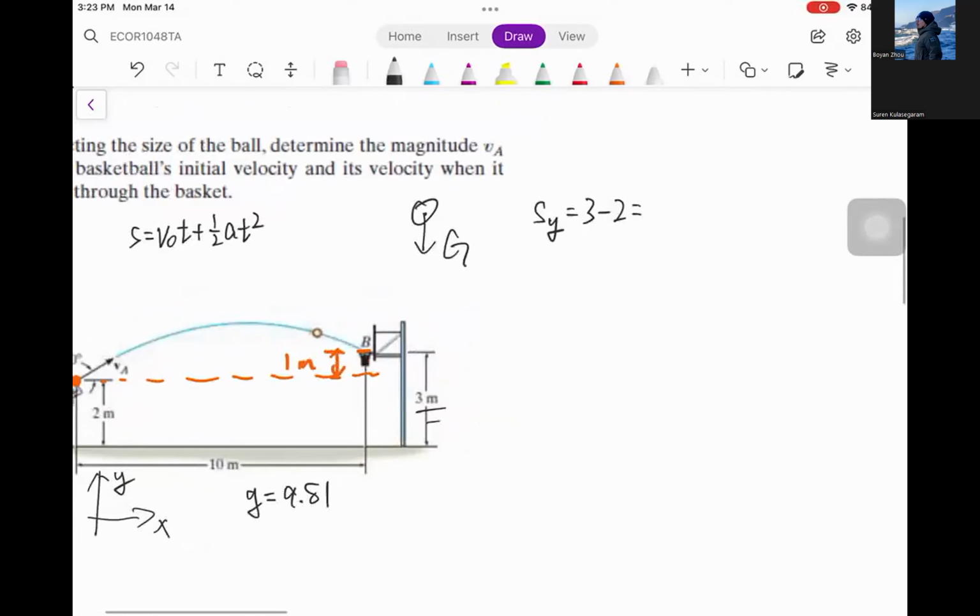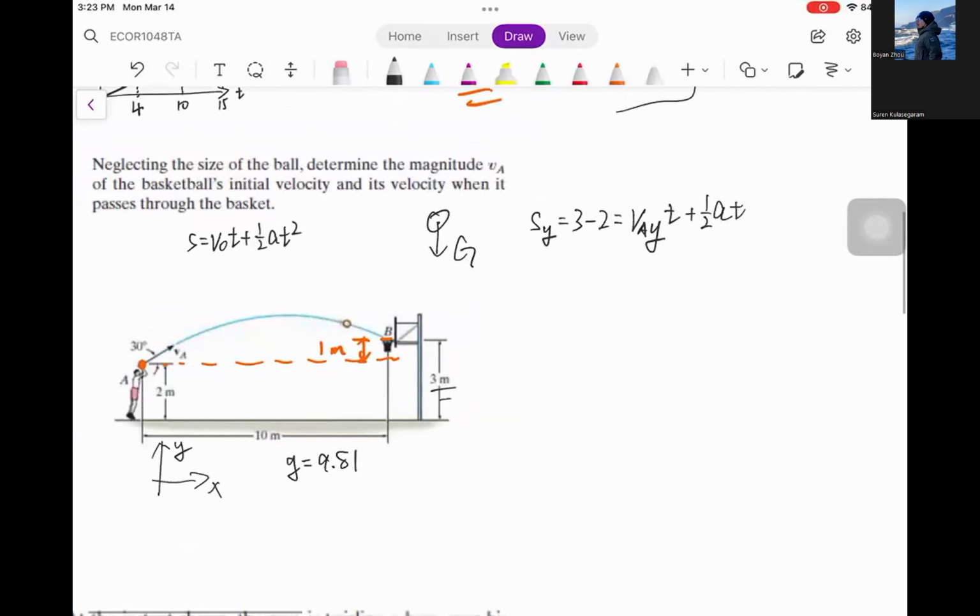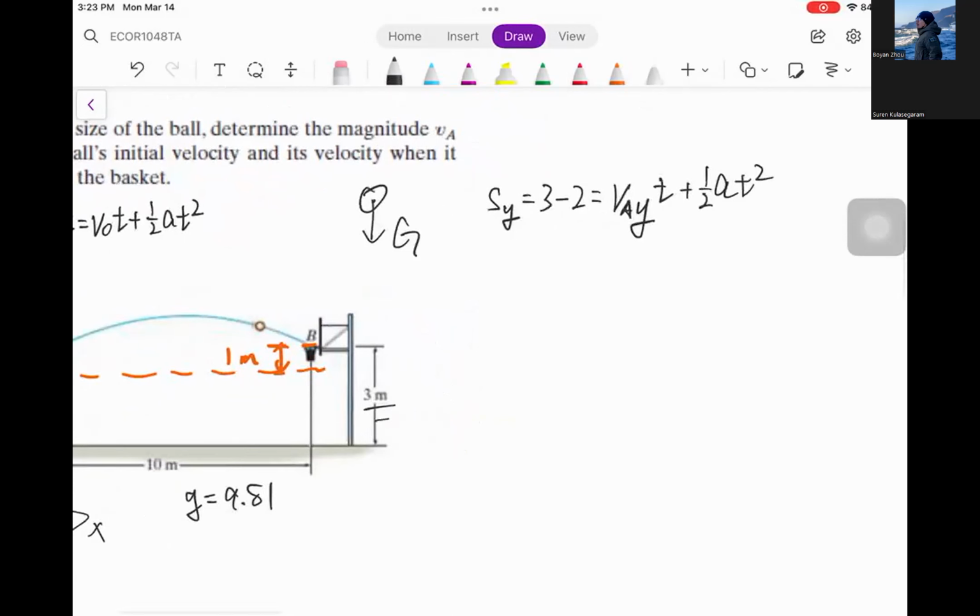And that is equal to the initial velocity. What did I call it here? Vay, times the flying time t plus half a t squared. So we can keep simplifying this equation. On the left hand side, 3 minus 2 is equal to 1.